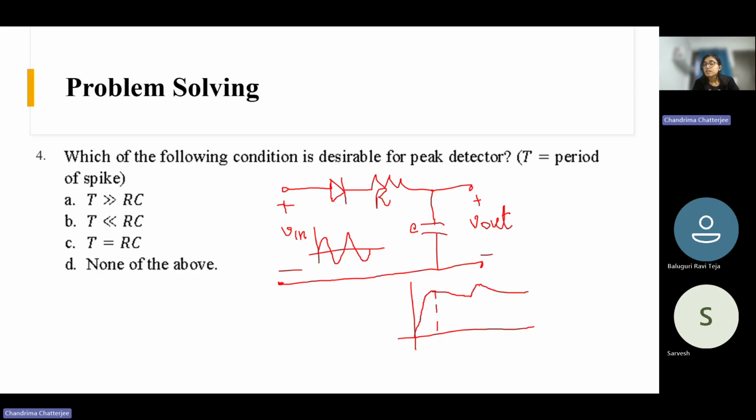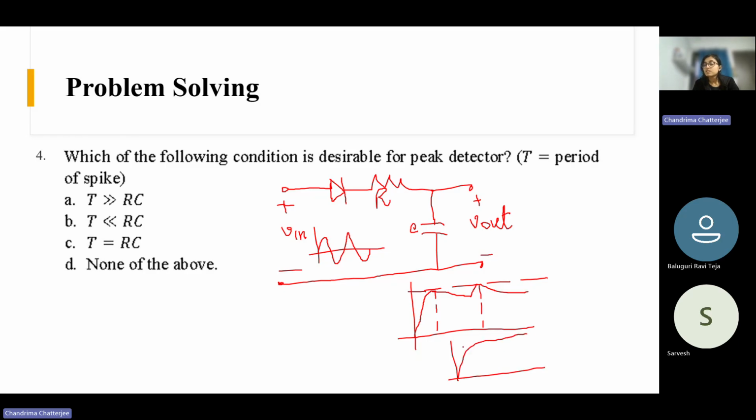So by this we can detect the peak of the signal. This is called the peak detector. From this waveform, if you are using a large capacitor, this fall will not be very high, so you can approximate it like this.